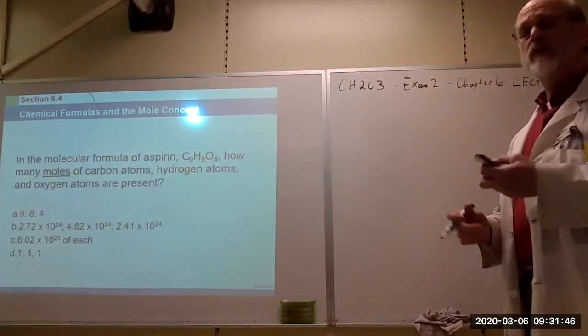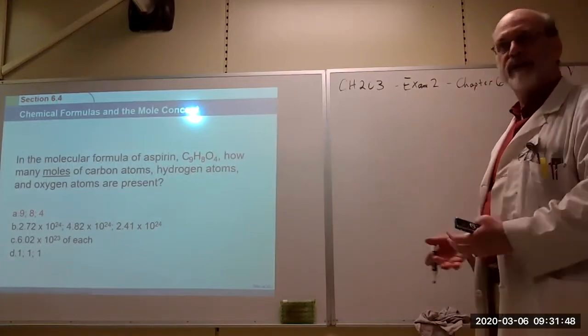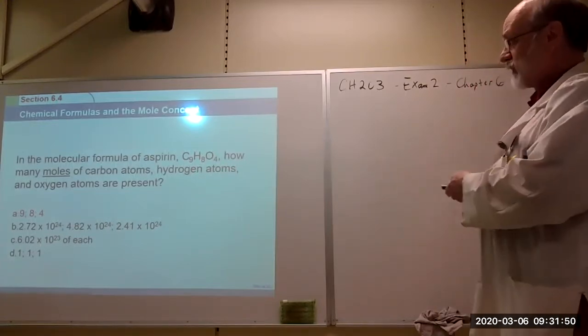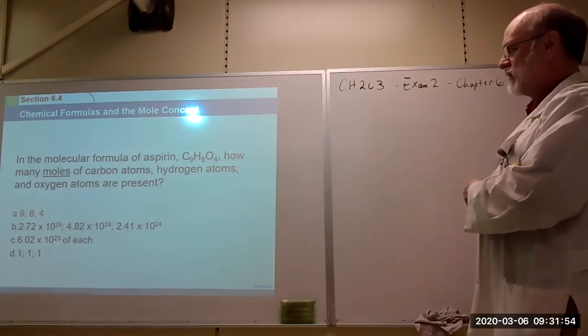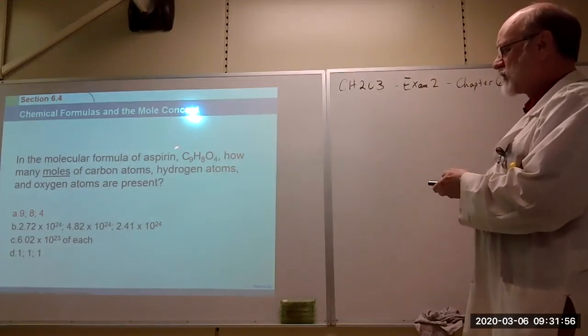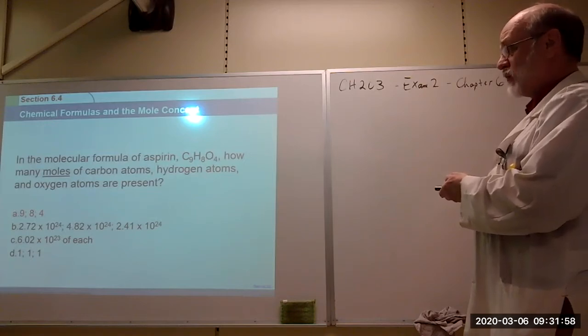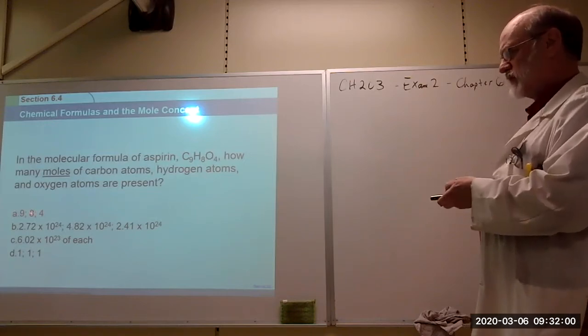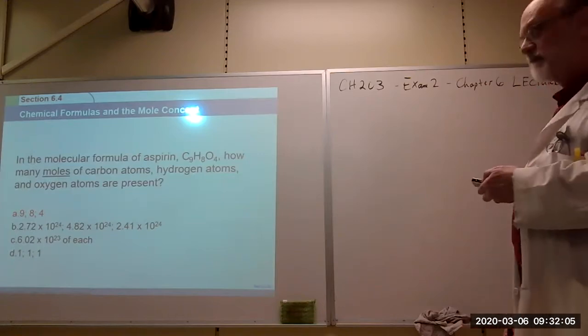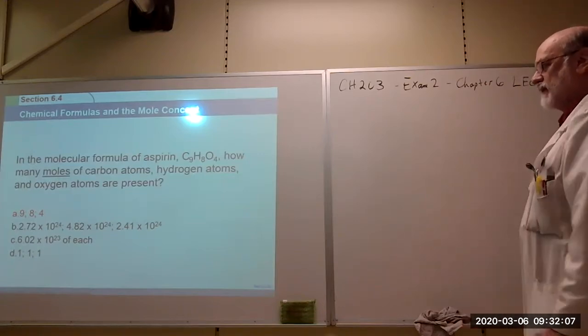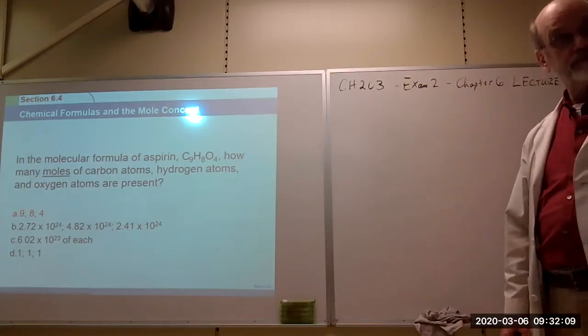So one formula unit represents 1 mole of the compound. So how many total atoms do you have in a mole of this compound? Well, you have 21, right? 9, 8, 4, that's 21 total atoms, moles of atoms.